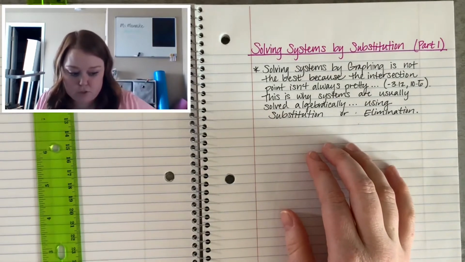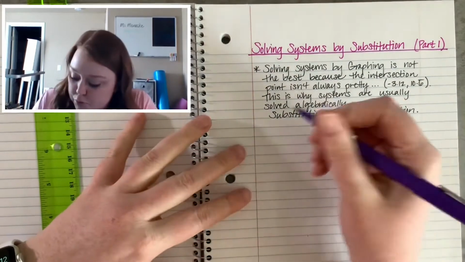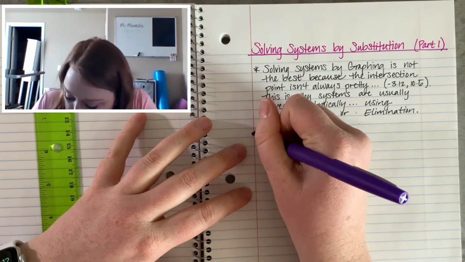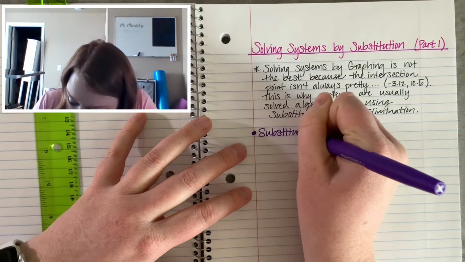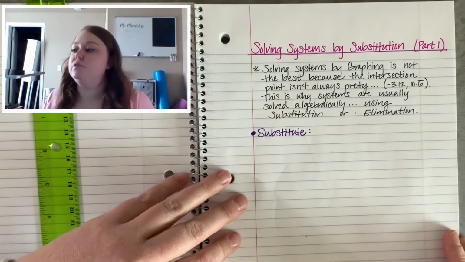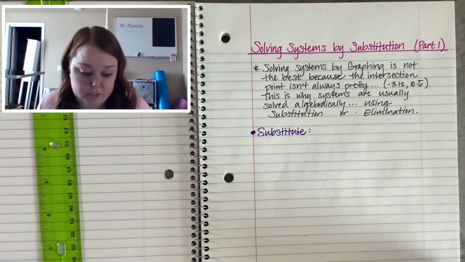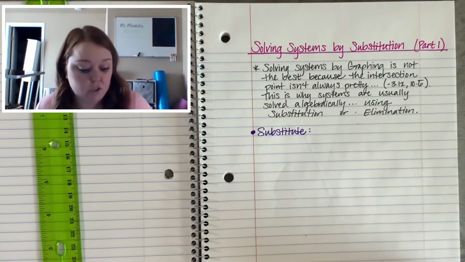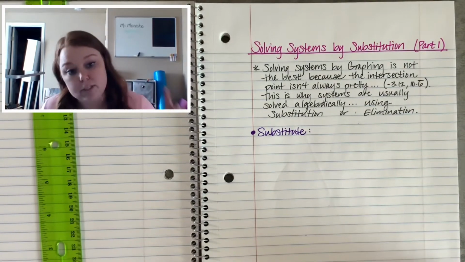So let's talk about just the word substitution. To substitute, this is your vocab word of the day. To substitute something in, you can think about having a substitute teacher. It's your replacement of your teacher for the day, right? You can think of a basketball coach or volleyball coach subbing in a player.